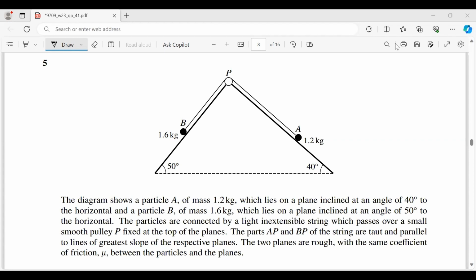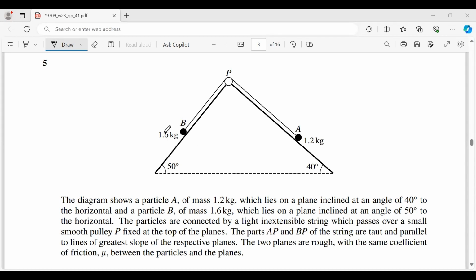Number 5. The diagram shows a particle A of mass 1.2 kg, which lies on a plane inclined at an angle of 40 degrees to the horizontal, and a particle B of mass 1.6 kg, which lies on a plane inclined at an angle of 50 degrees to the horizontal.